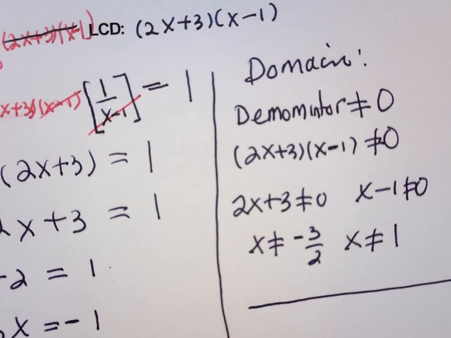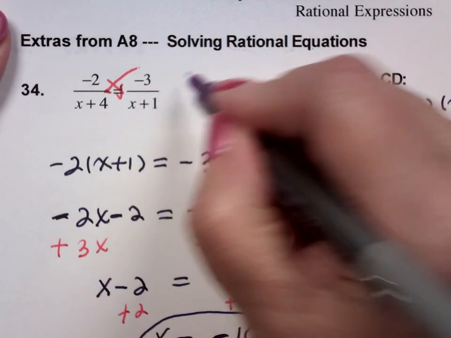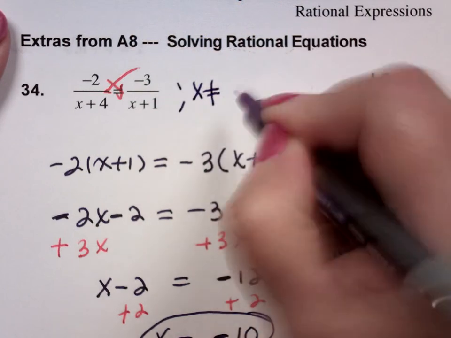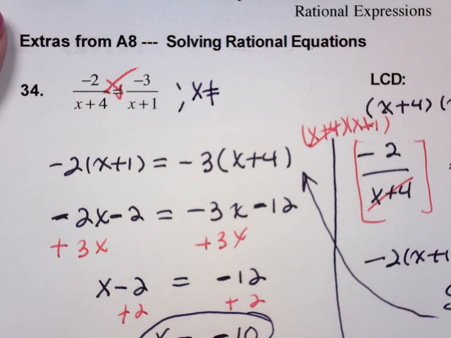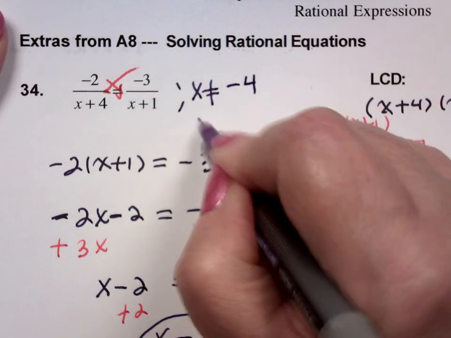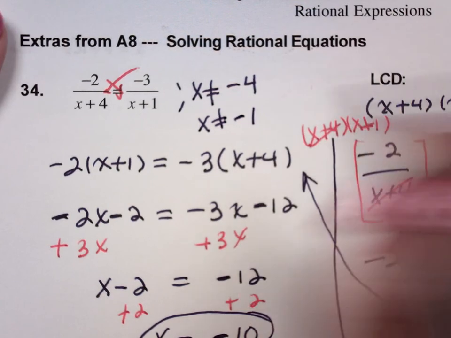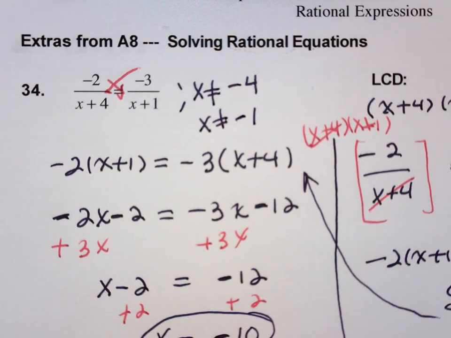In this particular instance, if I go to the problem here at the top, x can't be what? x can't be negative 1. It could be anything other than those two, because it is the denominator that can't be 0. I don't care what the numerator is, but the denominator can't be 0.